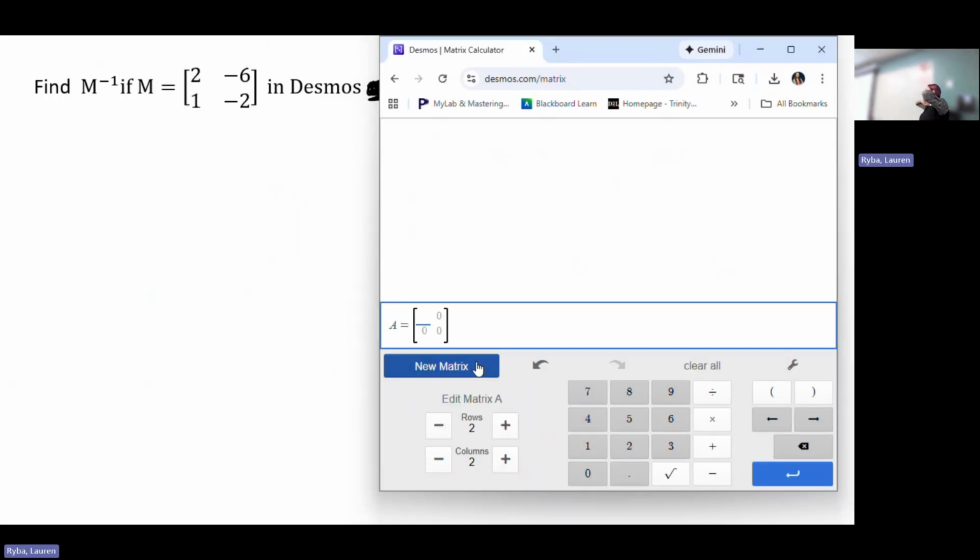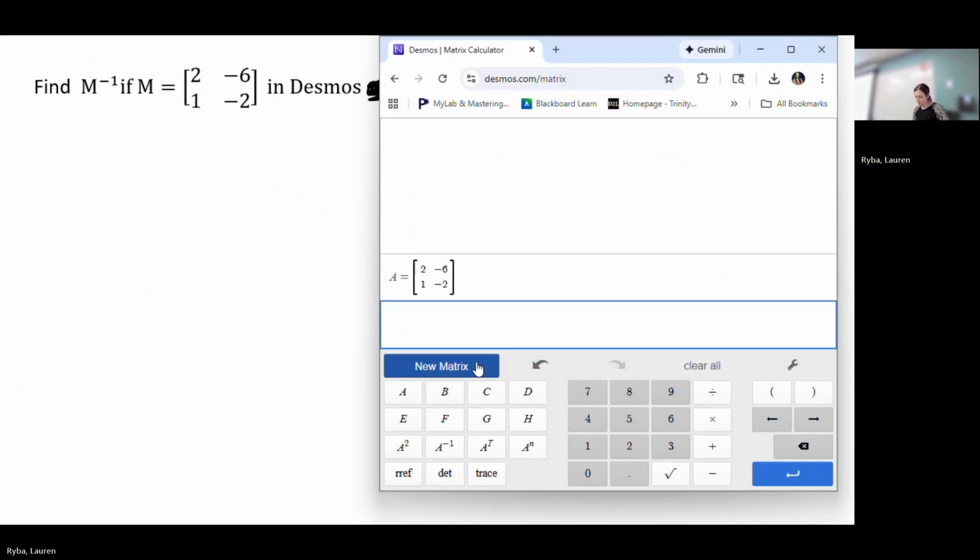What you're going to do is enter your matrix: 2, -6, 1, and -2. On the bottom we've worked with the RREF button and the squared button. There is also an inverse button, the -1 power, a to the -1. I want to find the inverse of matrix A, so I'm going to hit A and then that -1 button, the inverse button.